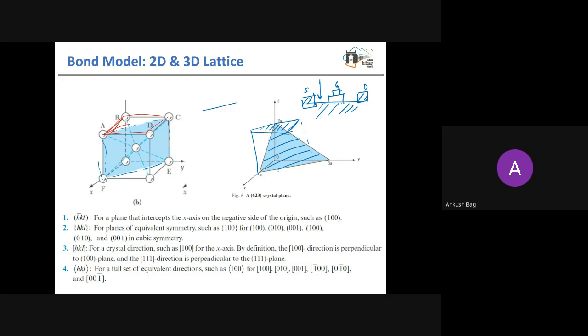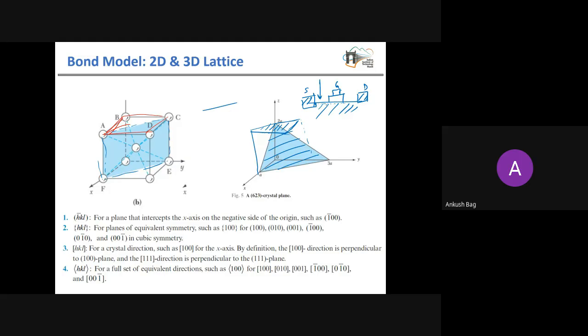That is why we need to identify all these planes, and this is what Miller indices do. Miller indices are nothing but a convention to identify different planes. That's it. And what is the advantage of identifying them?